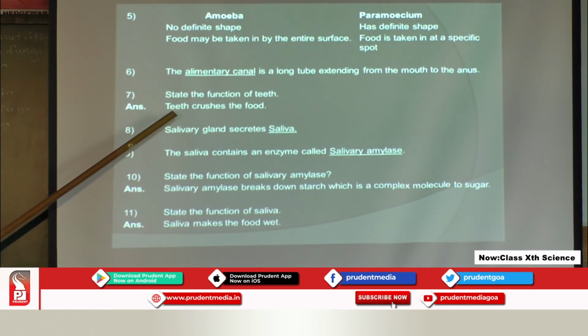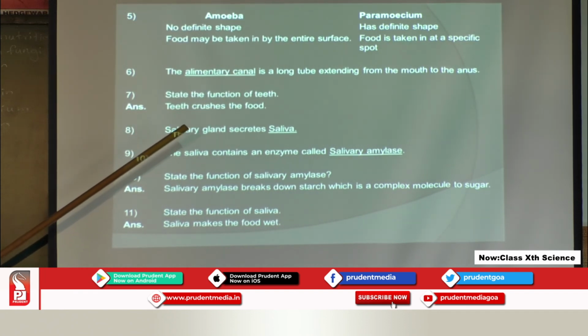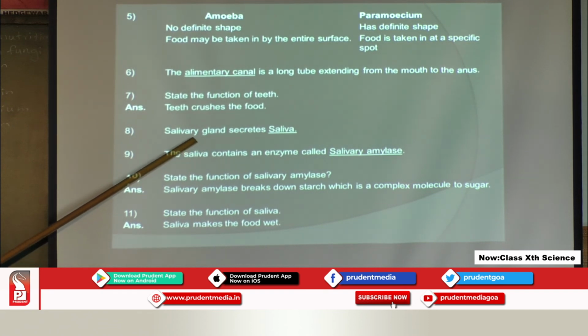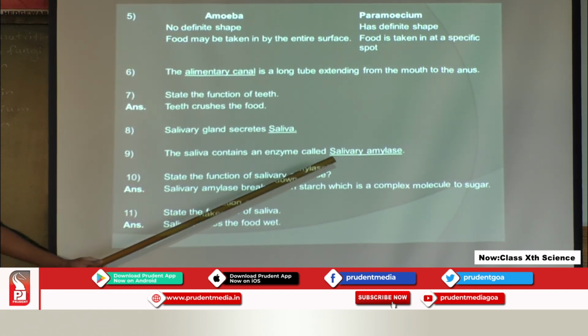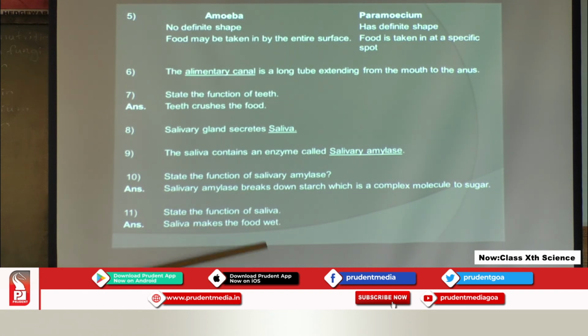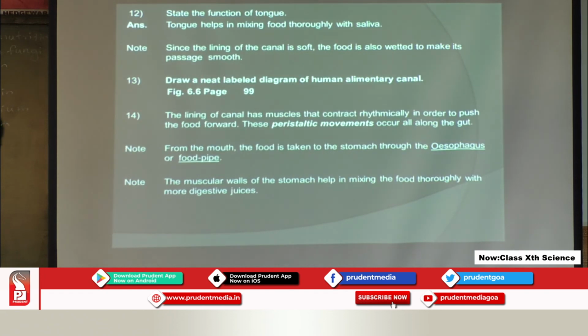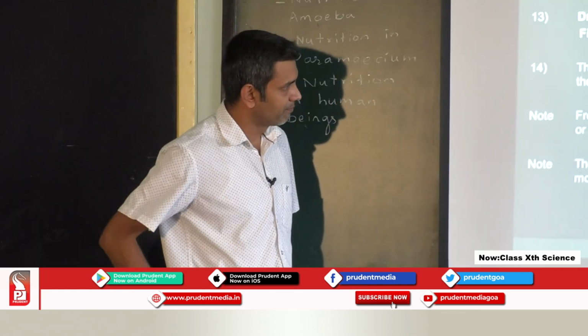Then we have seen the function of teeth, what the salivary gland secretes, which enzyme is present in saliva, function of salivary amylase, function of saliva also. Saliva makes the food wet. Function of tongue, and the diagram of the human alimentary canal, as I said before, can be asked in the examination, okay.